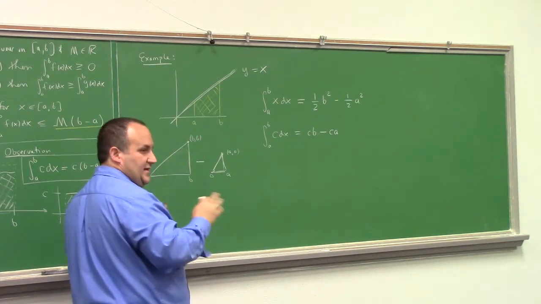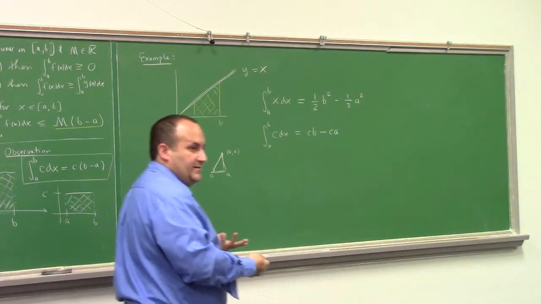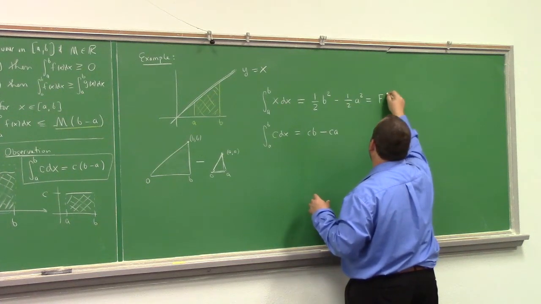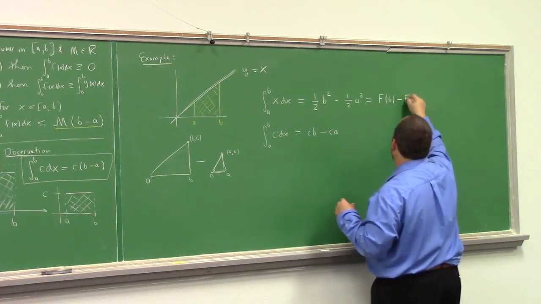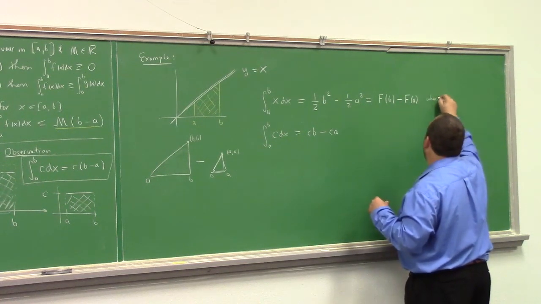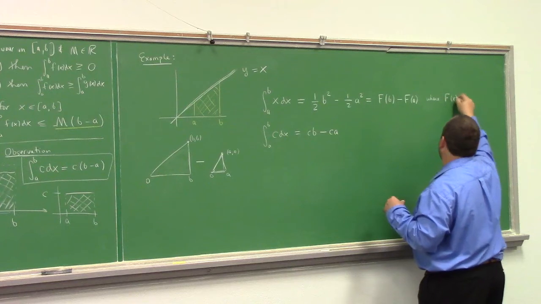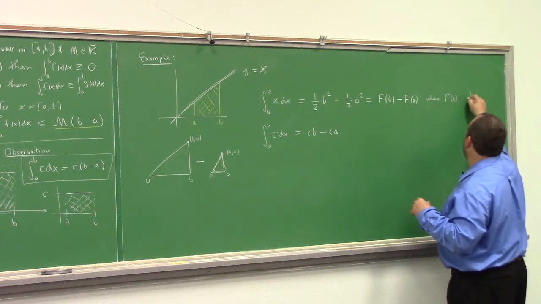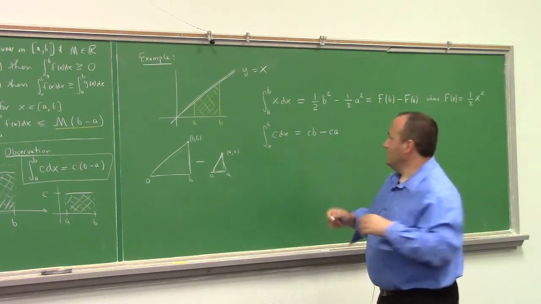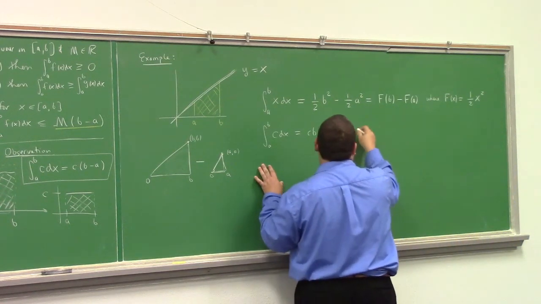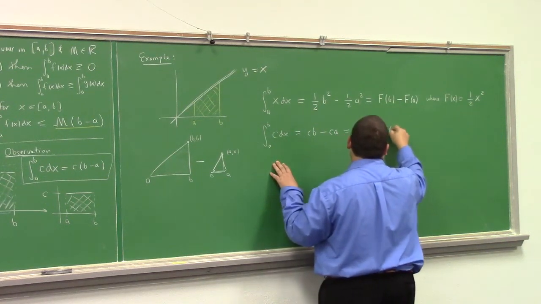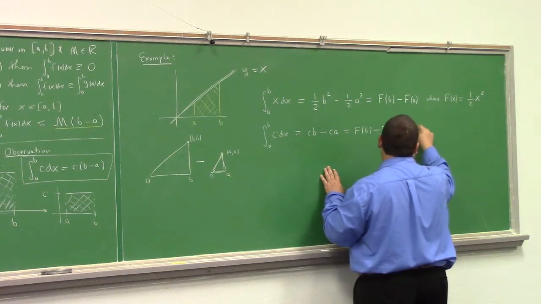So let me just make an observation here. This is equal to F(b) minus F(a) for what? Big F(x) is equal to 1/2 x squared, right? This one is equal to F(b) minus F(a), where what's the big F this time?